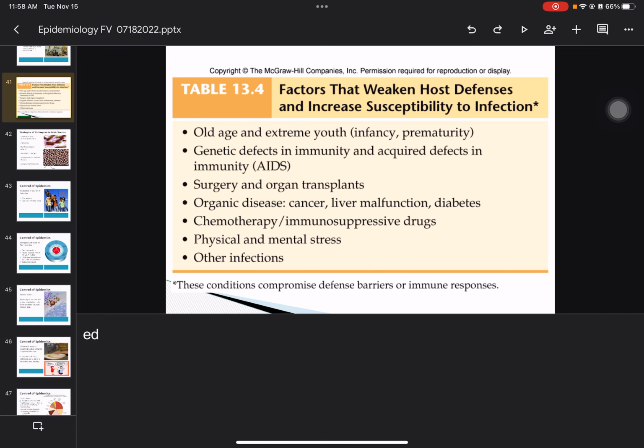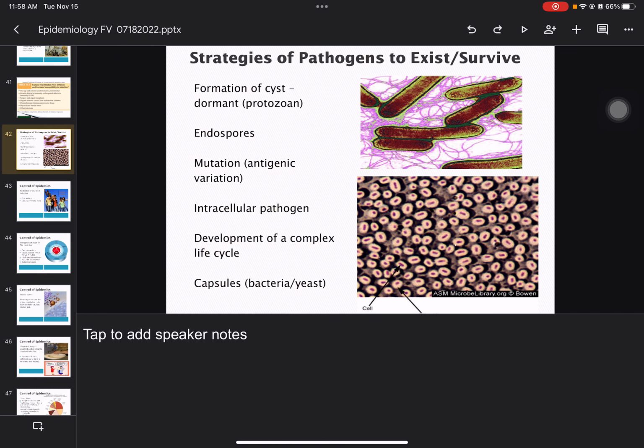Okay. So here's some of the strategies that we talked about, right? Some of the organisms have evolved with us. So the formation of a cyst, the formation of endospores, their ability to mutate, right? RNA envelope viruses. Their ability to exist as an intracellular parasite, chlamydia, rickettsia, there's a bunch of them, right?